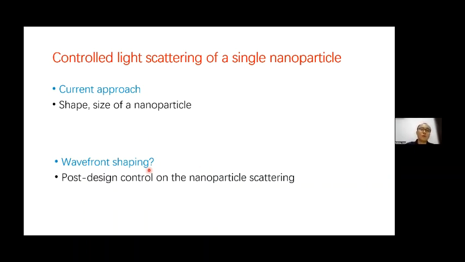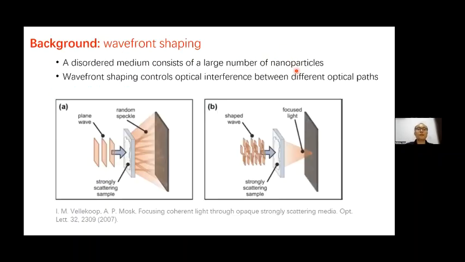So here, our question is, can we use wavefront shaping on the incident light to control the light scattering of a single nanoparticle? Before answering this question, I would like to briefly introduce the wavefront shaping technique.